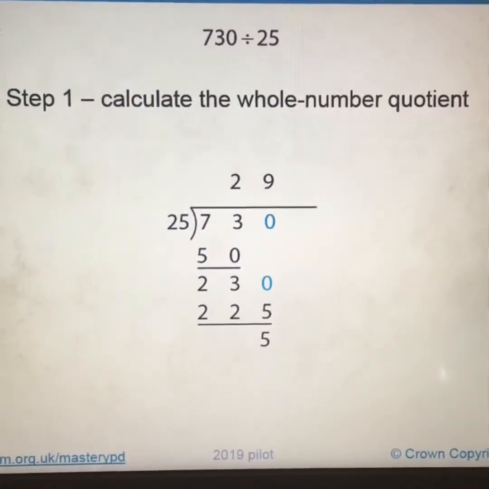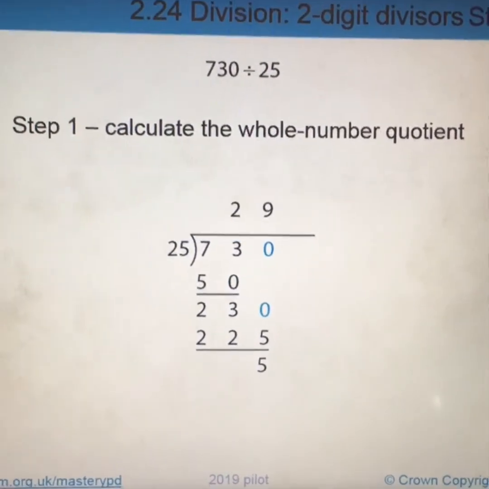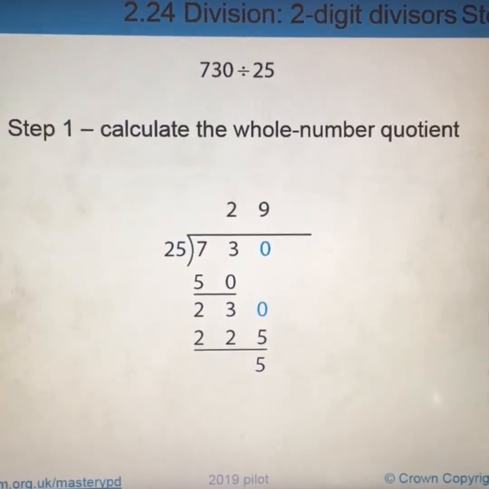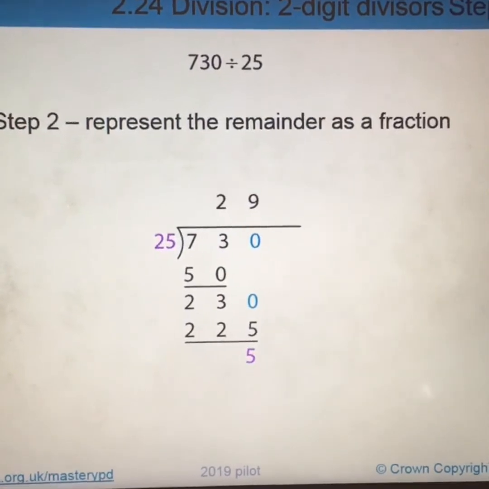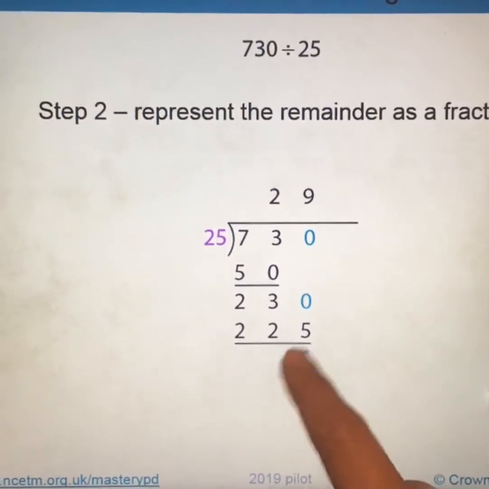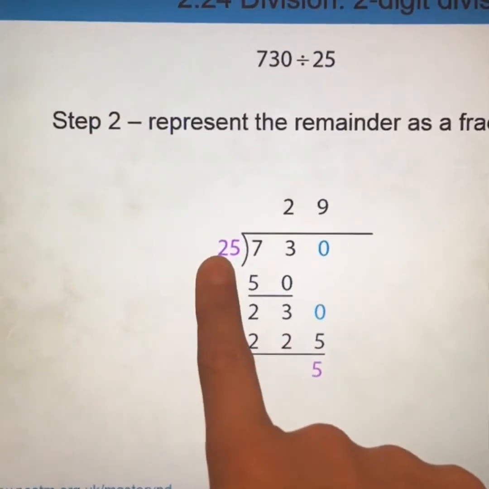So, answer time then. The first bit is exactly the same as you just did in the previous step. However, when we get here, last time we put decimal points and then we made the remainder a decimal. But this time I want it as a fraction. So this time I'm going to say, right, I've got my remainder of 5. So I've got 5 left over. And I still need to share that 5 between this 25.